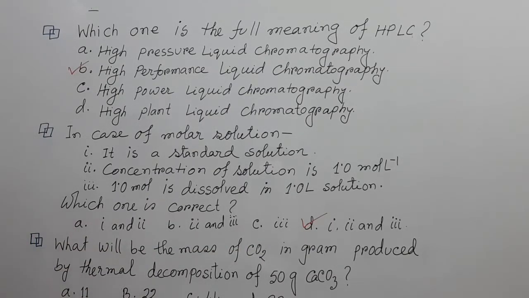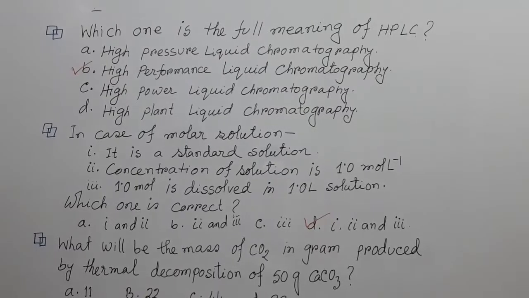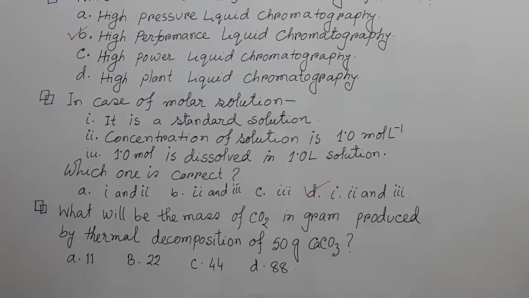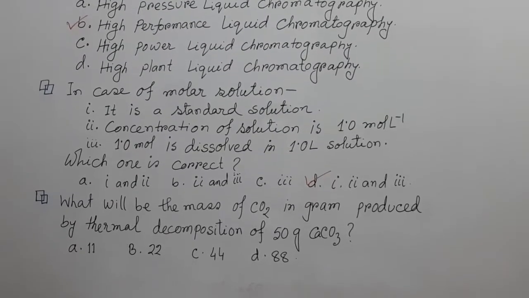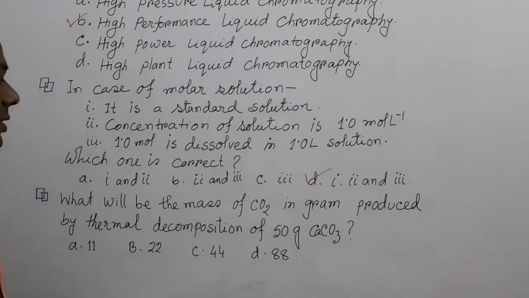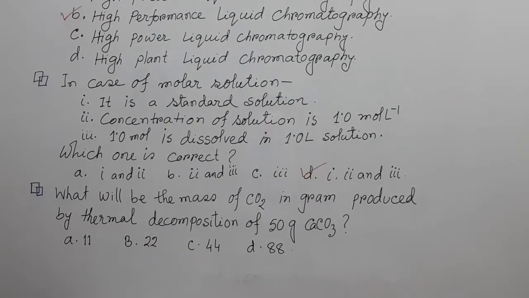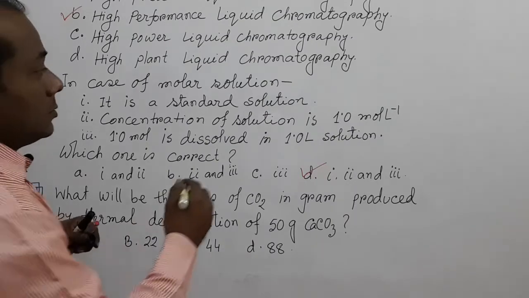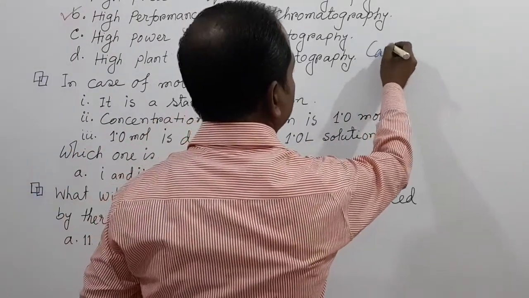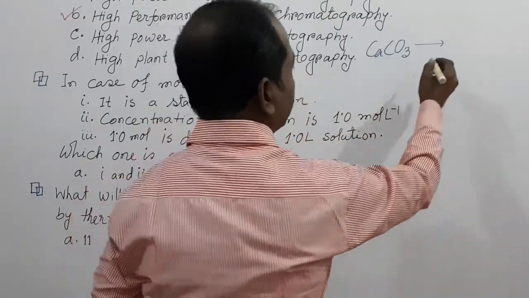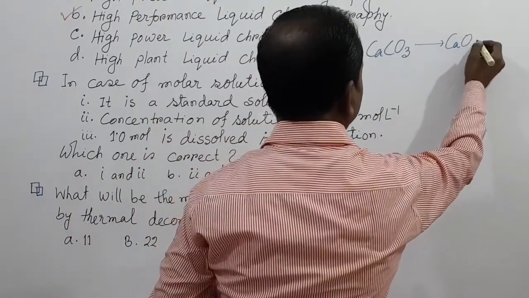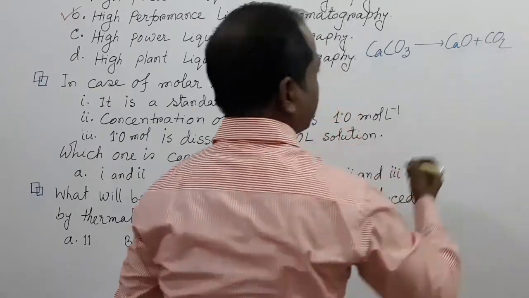And our next question is, what will be the mass of carbon dioxide in gram produced by thermal decomposition of 50 gram calcium carbonate? My dear students, we know that if calcium carbonate is heated, then we get calcium oxide plus carbon dioxide.